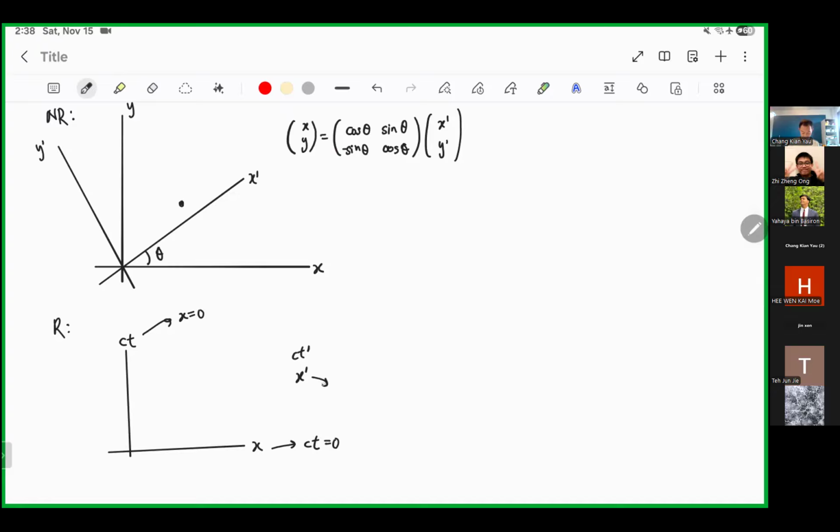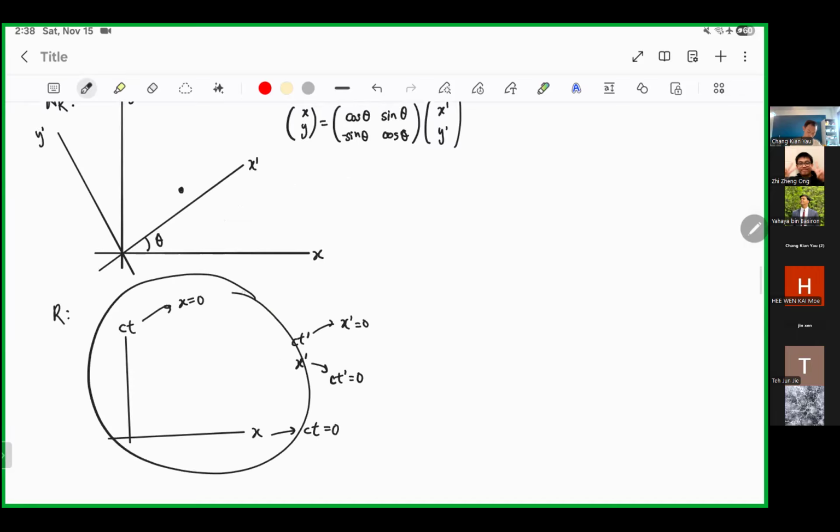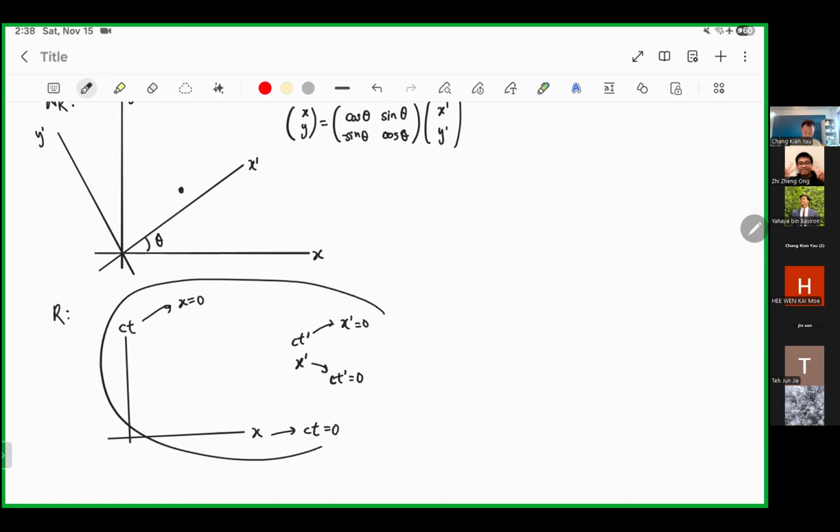The x prime axis means ct prime is 0, and the ct prime axis means x prime equals 0. And we want to put it here on this diagram. So what we need is a relationship between these two different inertial systems, and we use again the Lorentz transformation.